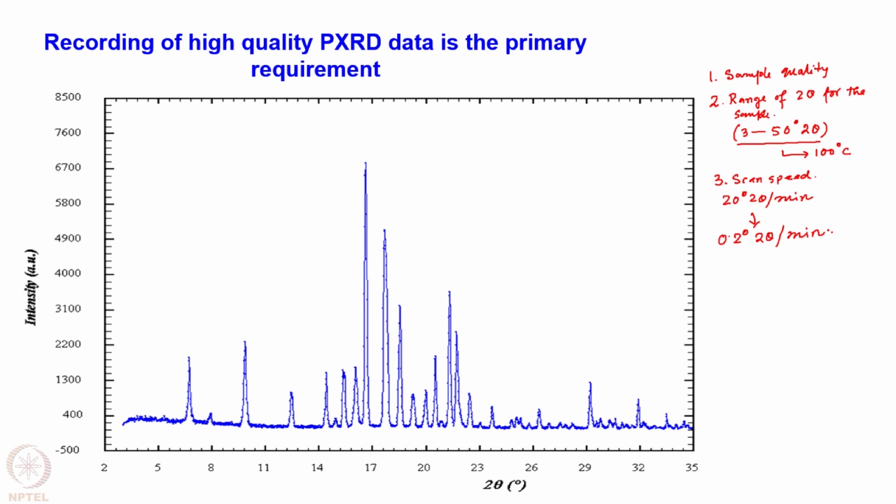So what we are going to do with the data becomes important while choosing this scan speed. What happens when we use a slower scan speed? We can use the step size. So the fourth point is the step size.